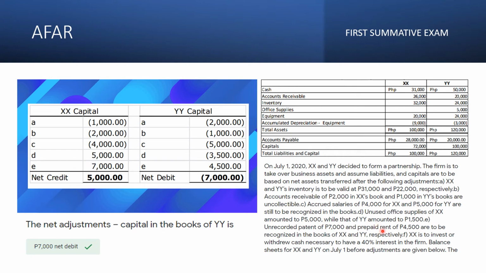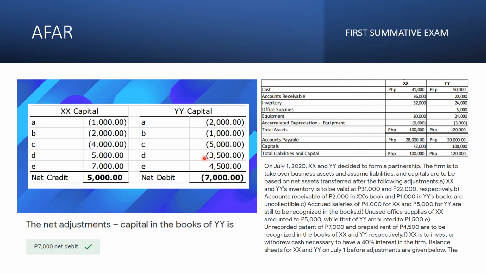While that of YY amounted to 1,500. So the unused is only 1,500, which means the used office supplies or expense amounted to 3,500. That will be a net decrease in the asset, therefore a net debit to capital of 3,500.